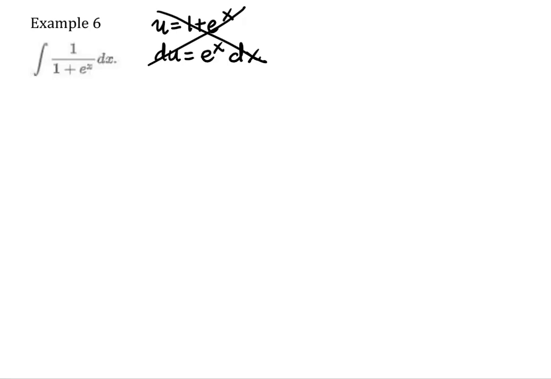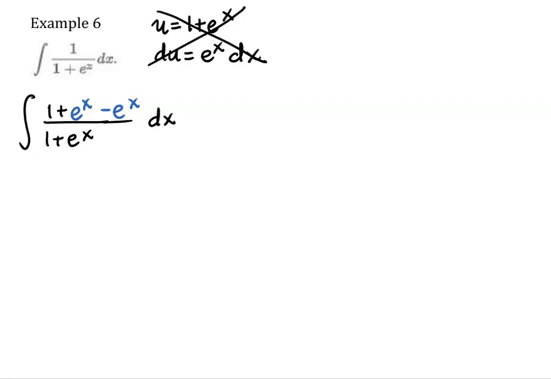But the hint that helps us integrate this is taking what we have on the inside of our integral and adding and subtracting e to the x from the numerator. So doing a 1 plus e to the x and then minus e to the x. So we haven't changed anything in the problem.